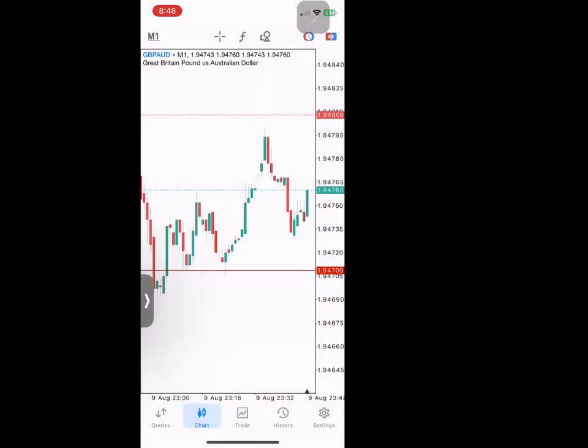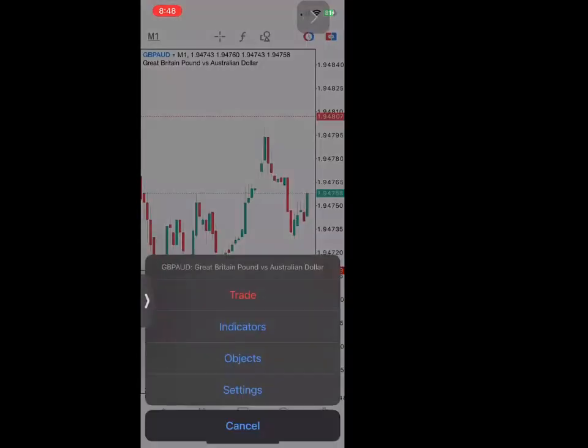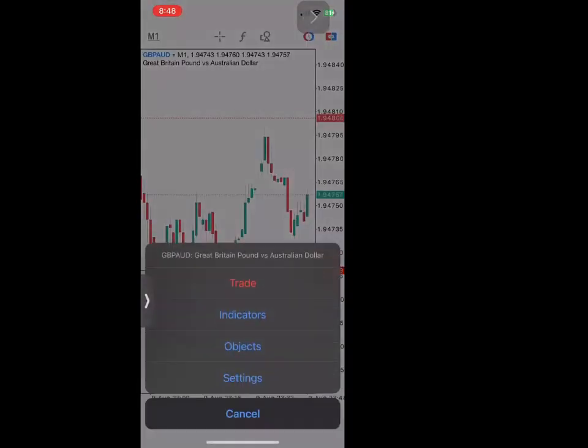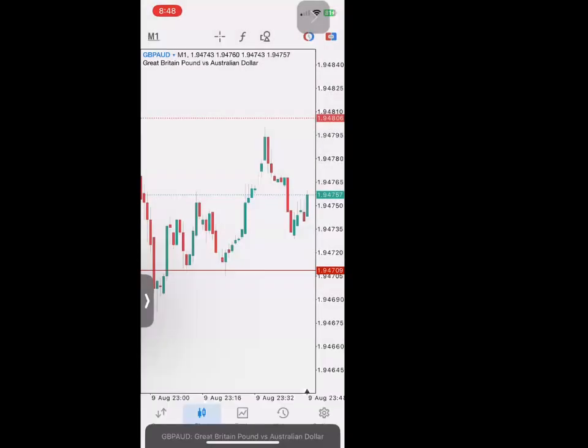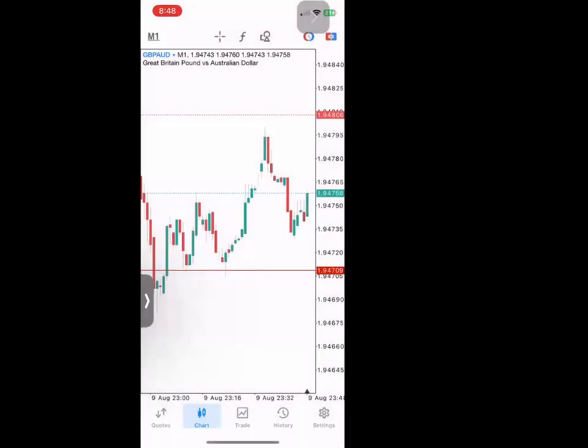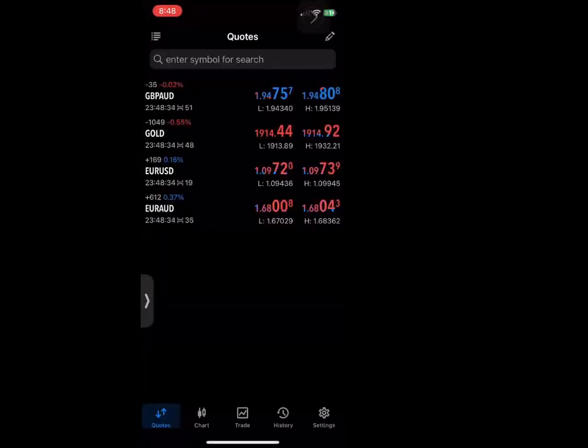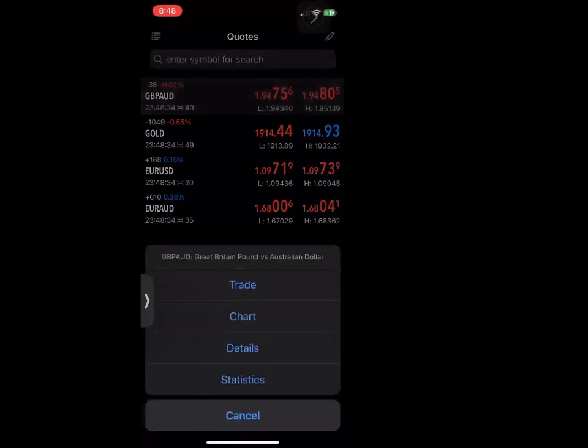Is it going to buy at the green line or at the red price? Let's see. For iOS users, you just have to tap on your screen and then this option will come for you to trade. For Android users, you go back to your quotes and then tap on the pair GBP AUD and go to trade.